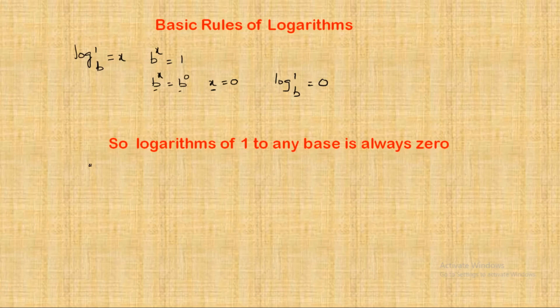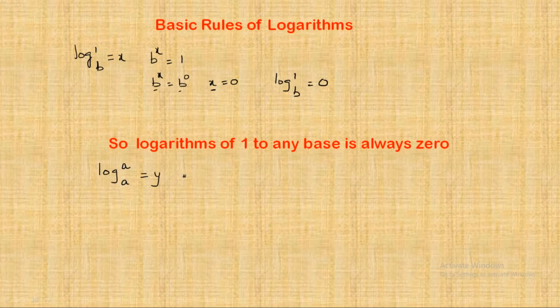So now I consider a logarithm, log a to the base a. So I need to find the value of this one. So simply I consider it as y. The total value log a to the base a is y.